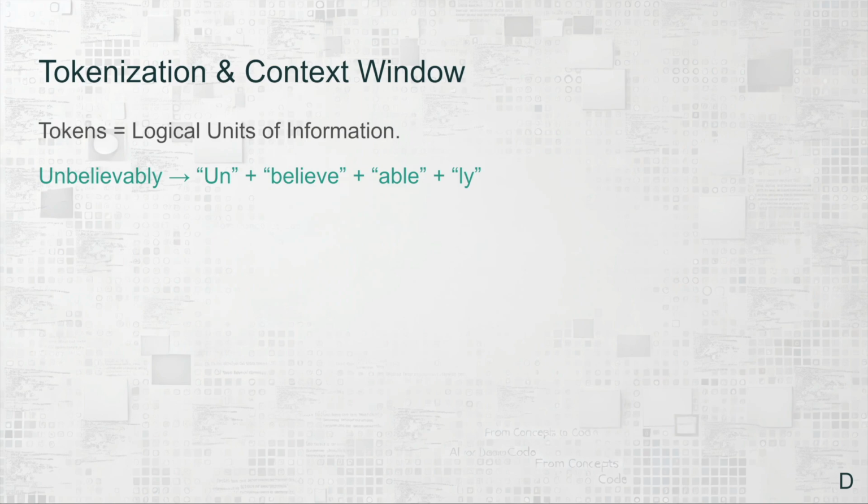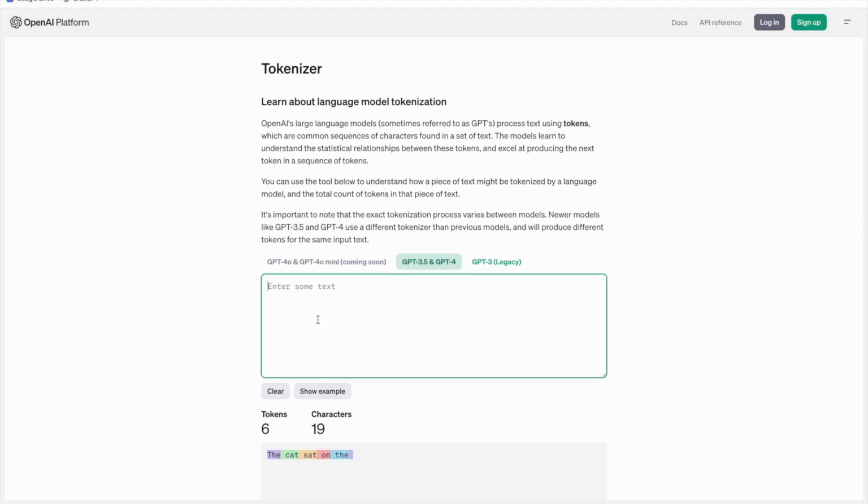Now, let me show you this in action. As you can see, this text is broken down into tokens. Each word and even punctuation is treated as one or more tokens.